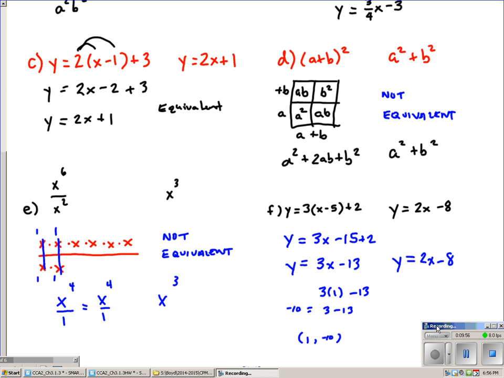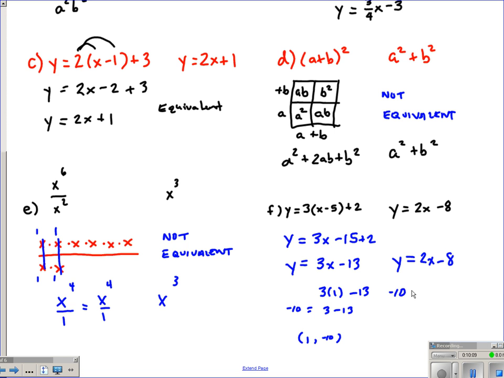Now if I take it here and I try to plug in that same point, if these are equivalent, there's a chance that we would get the same output here. Let's see what happens. If I plug in negative 10 and 1, it should make it true if they are equivalent. Negative 10 should equal 2 times 1 minus 8.